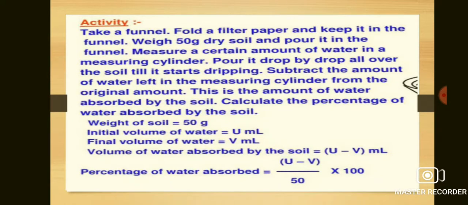And next, percentage of water absorbed is equal to (U minus V) divided by 50 into 100, which means (initial volume of water minus final volume of water) divided by 50, multiplied by 100.